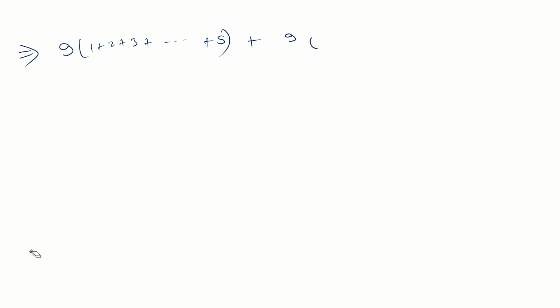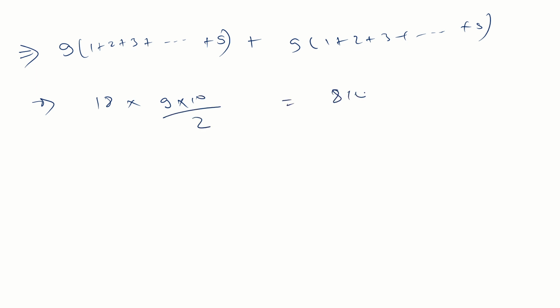So just sum it up: 18 into n plus 1 by 2, so that is 9 into 10 by 2, so that is 810.